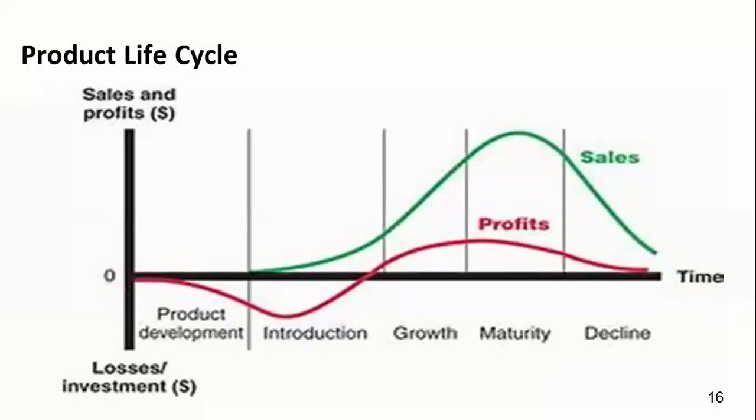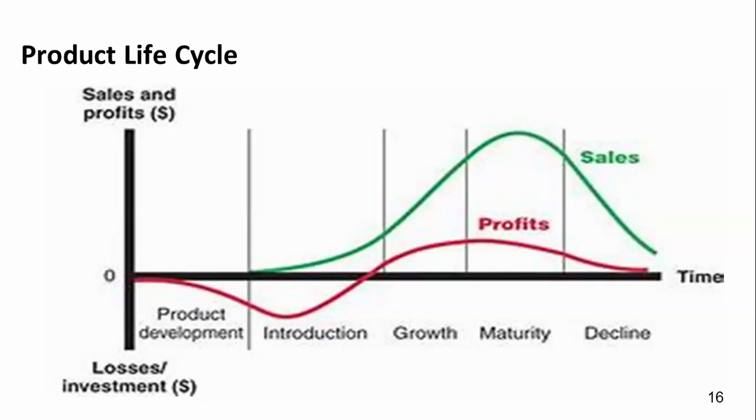Your sales increase, but they increase in a decreasing manner. They come to a maximum point, and after reaching the maximum point they start to decrease, right? So this is the maturity stage. Why is this happening? Because of the competition.